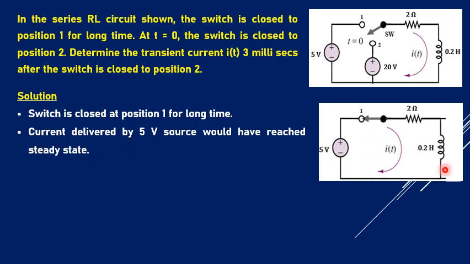So what is the steady state current here? Now, what is the voltage across the inductor equation? It is L into di by dt. At steady state, after the current becomes constant, when you differentiate a constant, you will get 0. So this entire term will become 0, so the voltage across the inductor becomes 0.